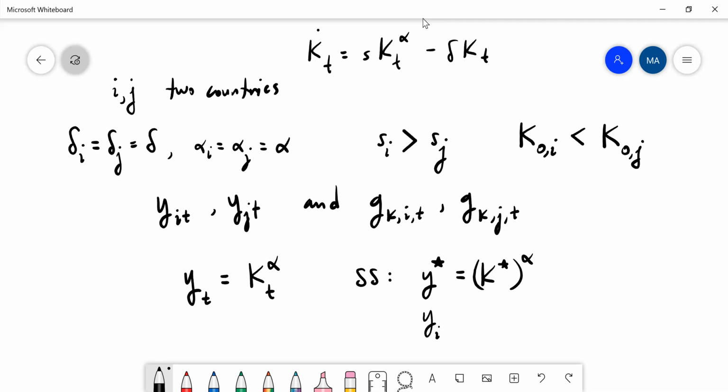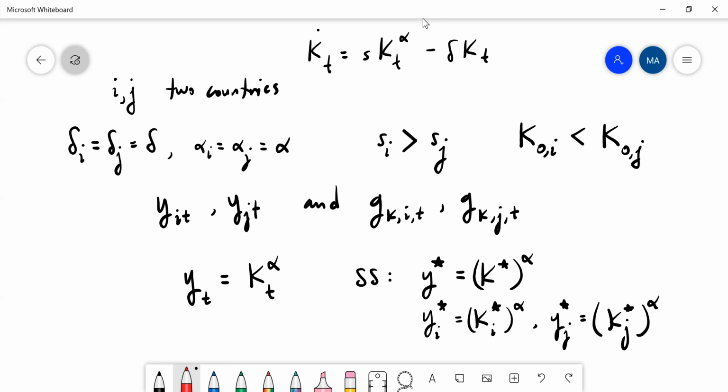So y_i* will be equal to k_i*^α, and y_j* will be equal to k_j*^α. But we know exactly what these things are, right? We know this, and we know this because we already solved for the steady state.